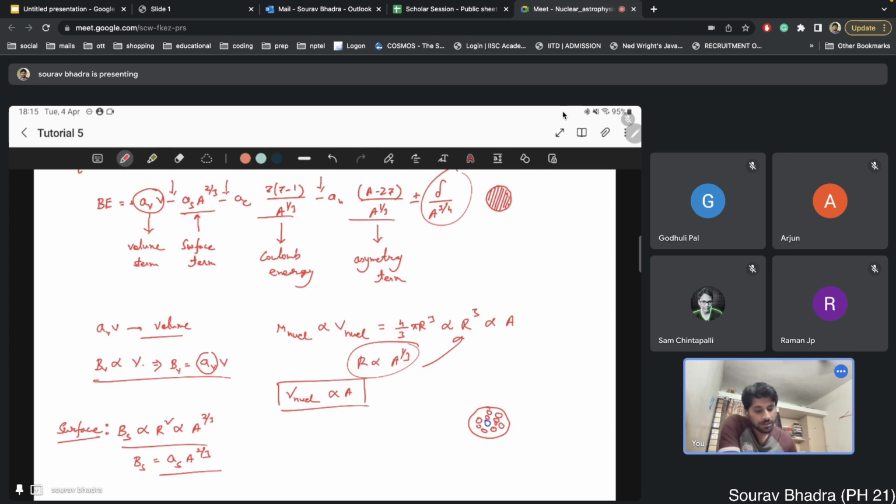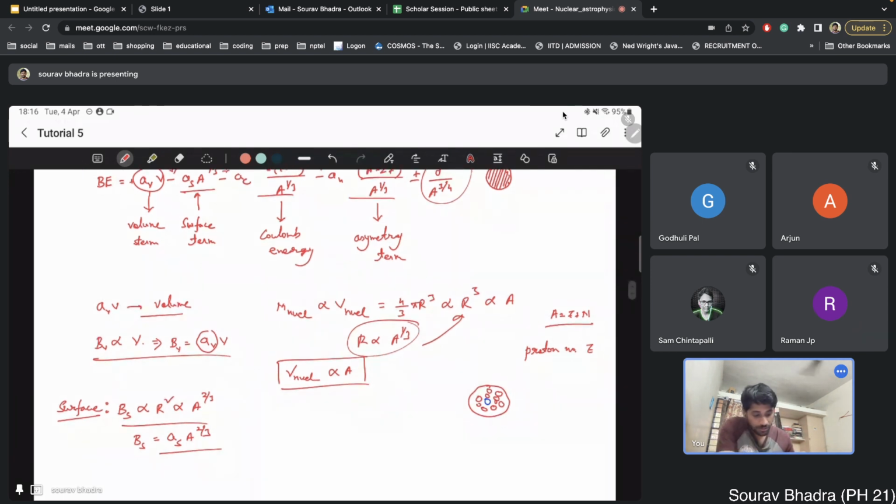Okay, and so if the proton number is Z, where A is Z plus N, where Z is the proton number and N is the neutron number, then this energy will be proportional to the, okay, so I will do this in this way.